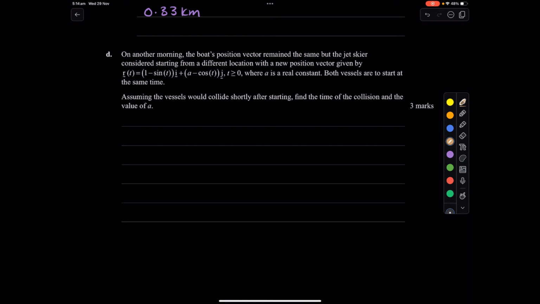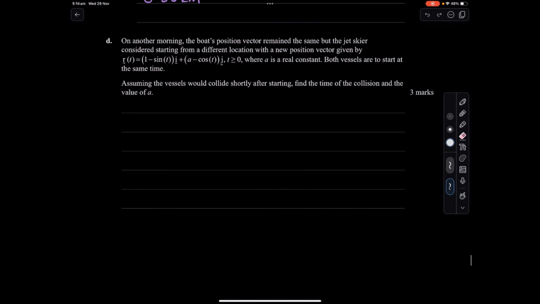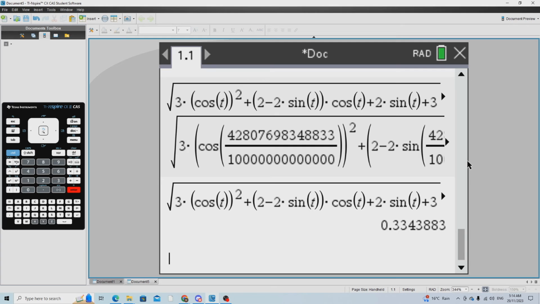Okay, we got this new r of t. That's the jet ski. So if we know that they're colliding, for the collision to happen, their positions must be equal. So r of t, which is the jet ski, should equal rb of t, the boat. They must pretty much be equal if they collide. So let's define the new one.